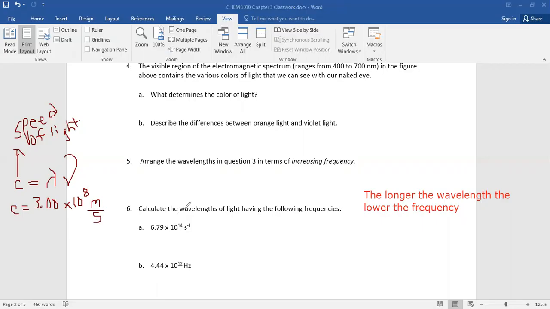So therefore, if we want to find the wavelength, we can rearrange this equation and solve for wavelength. So if c is wavelength times frequency, wavelength is c divided by the frequency.